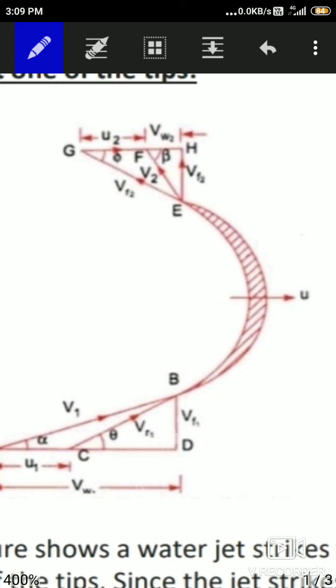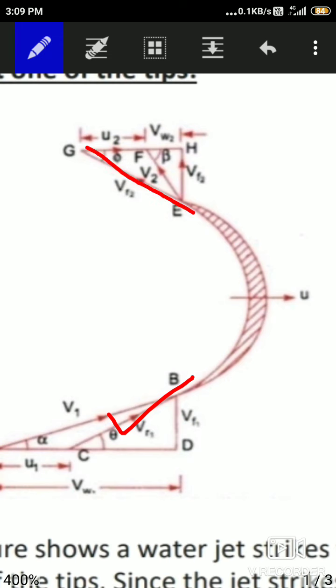The jet strikes at a velocity VR1, so the velocity with which jet leaves the plate will be VR1. Here we are taking this as VR2, but here VR1 is equal to VR2.